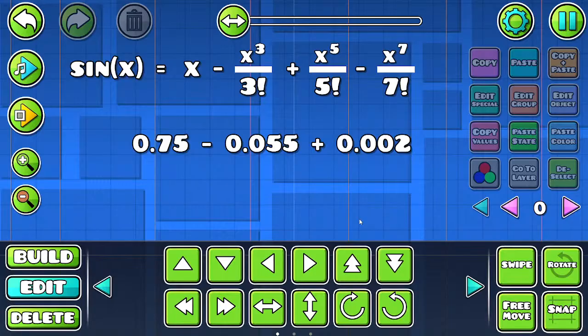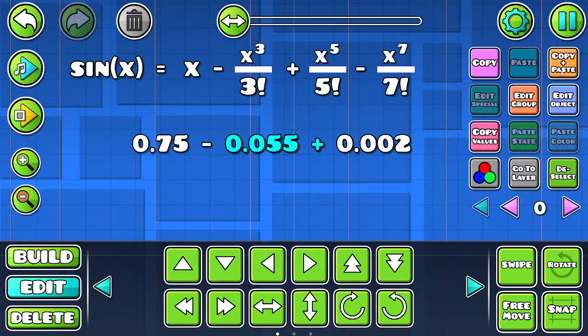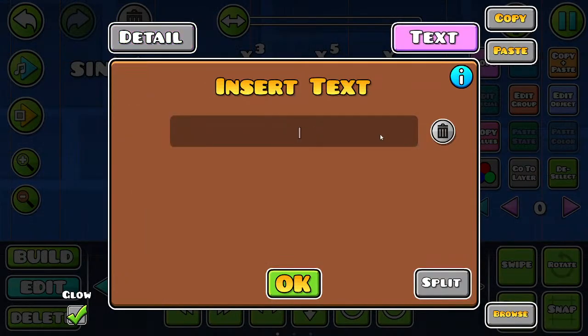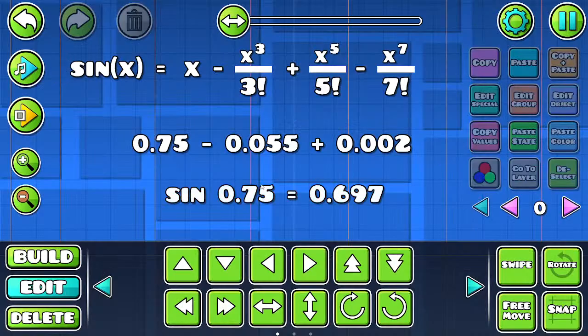I might have to use a calculator to figure out what the value is. All right, it's about... okay.